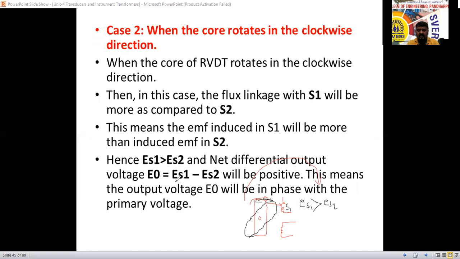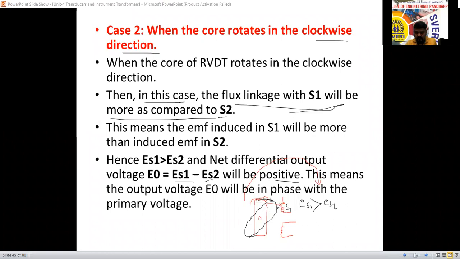Then what is the formula? ES1 minus ES2. So will the answer be positive or negative? Positive. When the core rotates in the clockwise direction, the output will be positive. See here, when the RVDT core rotates in the clockwise direction, the flux linkage with S1 will be more as compared to S2. I am practically showing here.